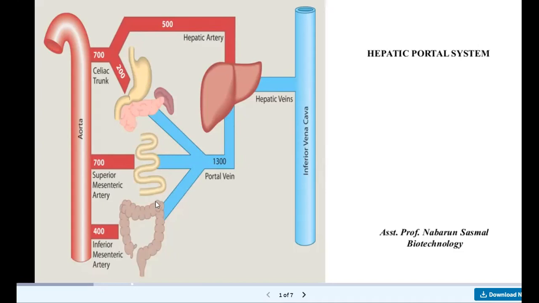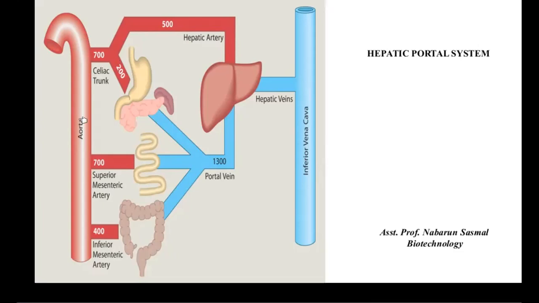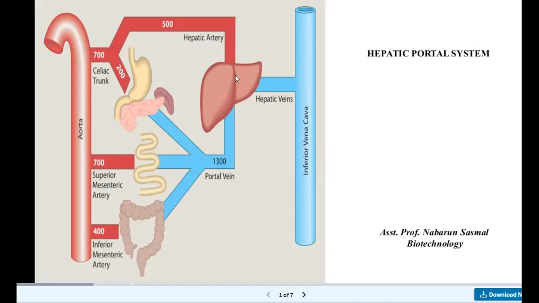And from the large intestine, you also see some very small amount of nutrients all joining the portal vein to bring the blood to the liver. But this hepatic artery, because it's coming from the celiac trunk, which is coming from the abdominal aorta, is oxygenated blood coming to the liver.